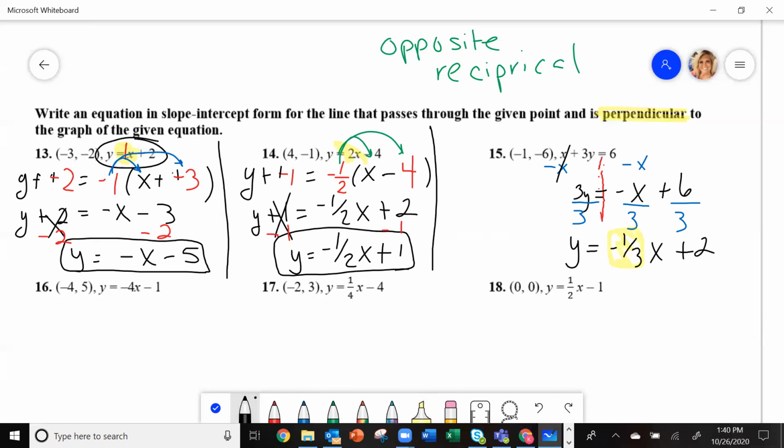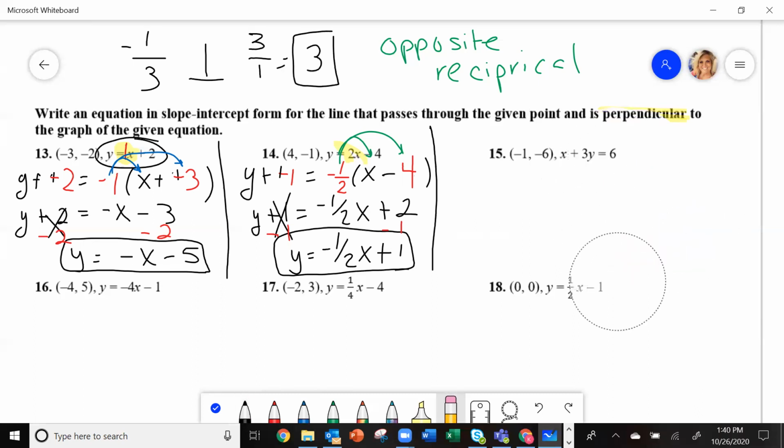So that is my slope, -1/3. I need the slope that is perpendicular. Flip the fraction over, so that's 3 over 1. Instead of negative, it's positive, so I can leave it like this, and then when I divide it, I just get a +3. Okay, so let me erase this part right here.